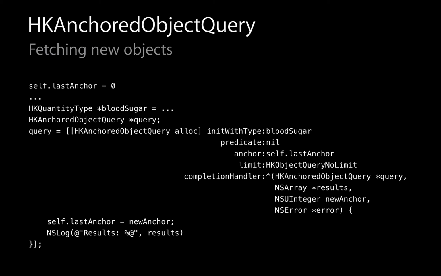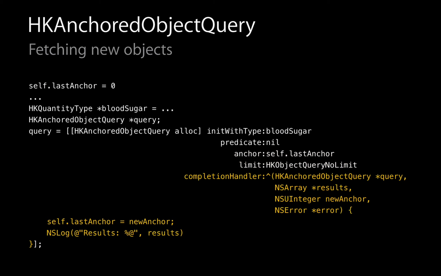Here's an example of us creating an anchored object query. At some point in time, probably during our initializer, we set our last anchor to be 0. When we create our query, we tell it that we want all blood sugar readings that have occurred since our last anchor, and we don't want to limit our results.